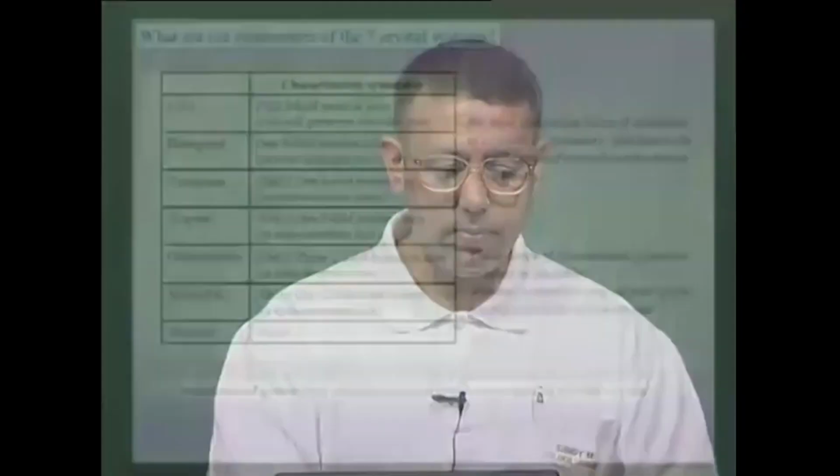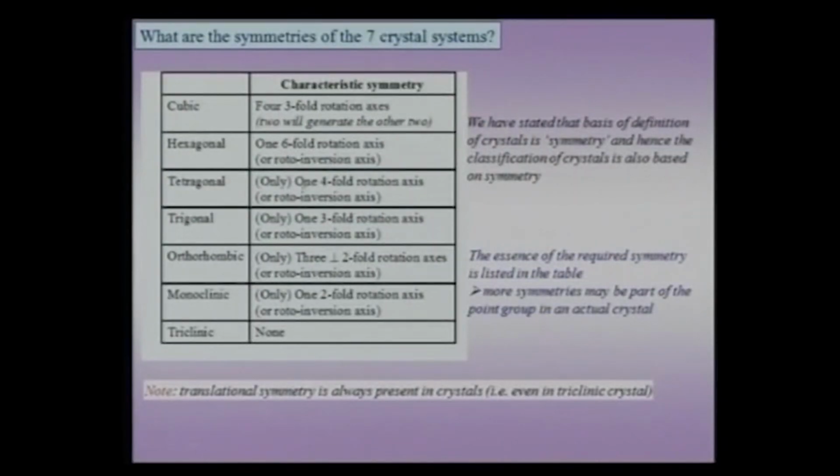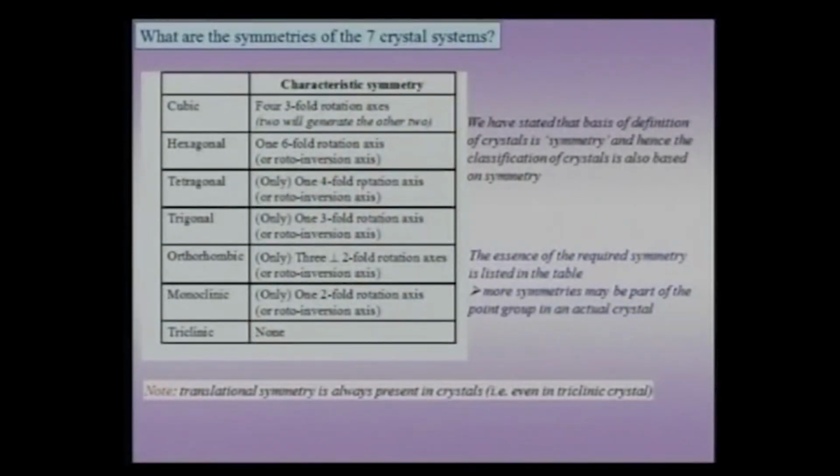The tetragonal crystal, for instance, has only one 4-fold axis. If there are 2 4-fold axes, then obviously it goes into the cubic class. This 4-fold, again like the 6-fold, need not be a pure normal rotation axis, but could actually be a roto-inversion axis. The trigonal crystal has only one 3-fold rotation axis, and of course, as before, it could be a roto-inversion axis.